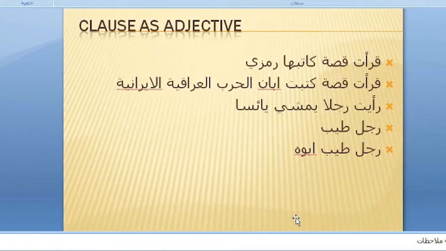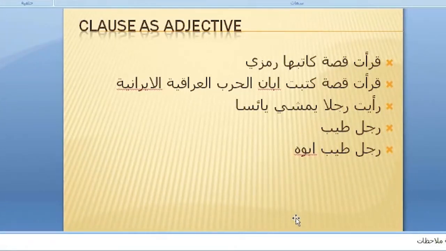It should be شنو؟ indefinite. indefinite يعني نكرة. ما هو معرف. In this case بهاي الحالة the whole clause كاتبها رمزي is an adjective modifying the noun قصة.